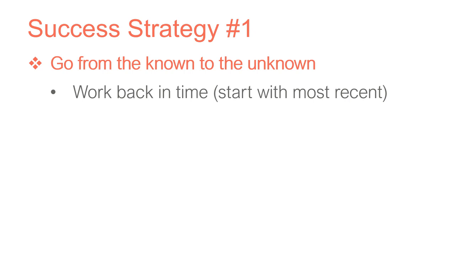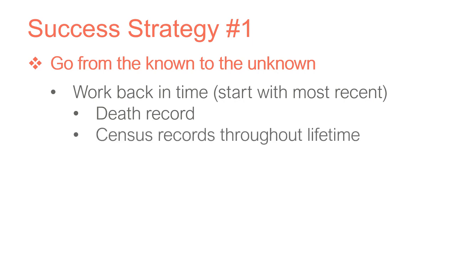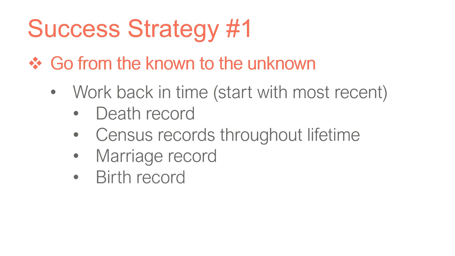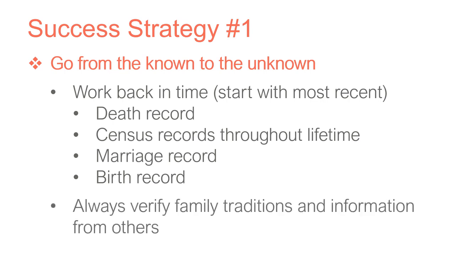For instance, I might start with my ancestor's death record, then search census records during her lifetime, then find her marriage record, and then a birth record. It is also important to verify all family traditions and information received from others, including what is posted online or printed in any books.